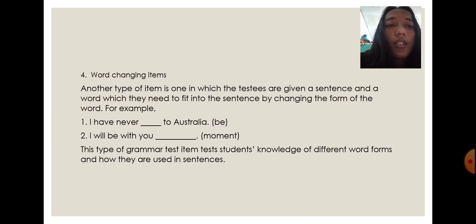The answer is B. Number two, I will be with you. The answer is the moment. This type of grammar test item tests students' knowledge of different word forms, and how they are used in sentences.